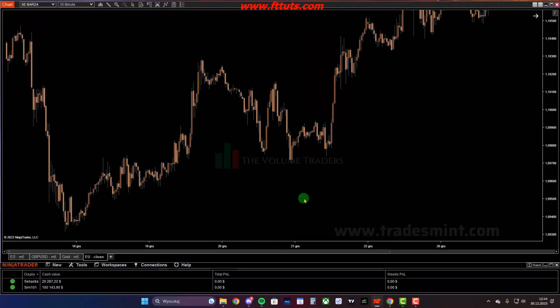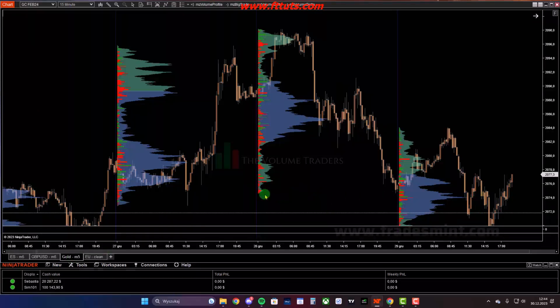The second way is finally using the real volume tools. In this example, I would like to show you this on gold and the volume profile. Volume profile shows us the accumulated volume, so we can spot where was the biggest interest in the market, in which price levels or price areas, and where was lower interest.